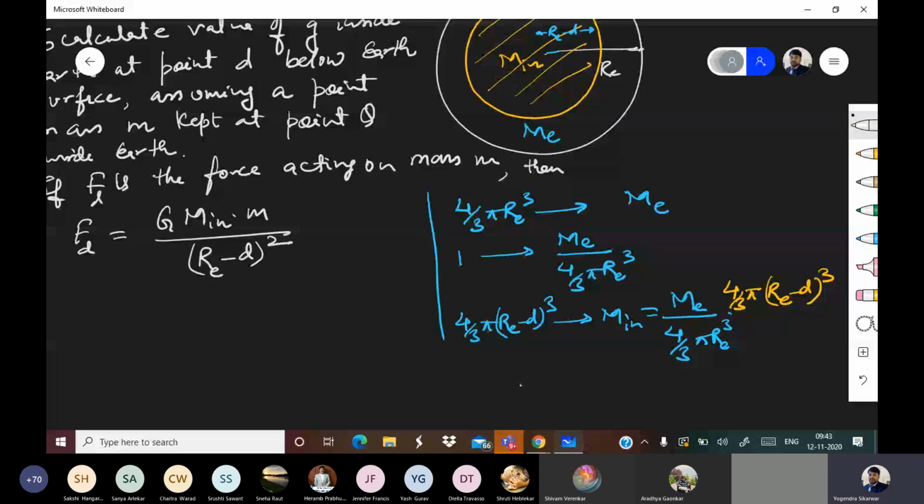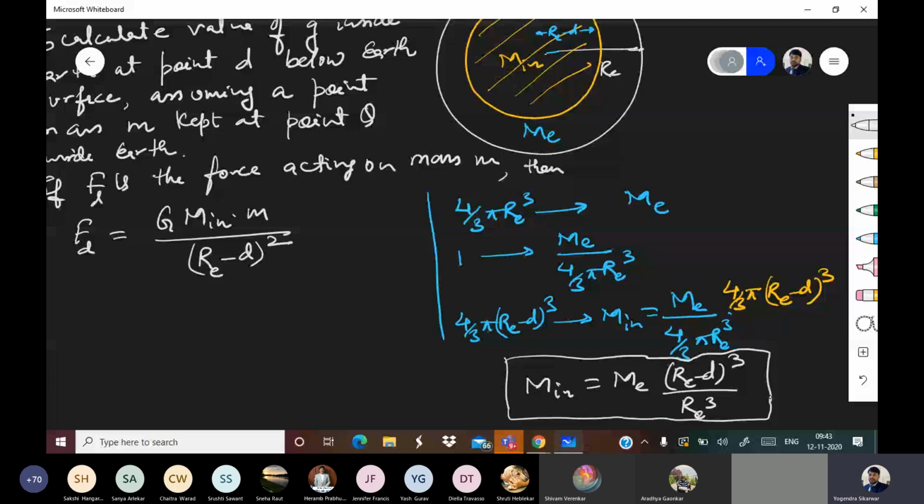So M in comes out to be, this 4 by 3 pi cancels, ME into (RE minus d) whole cube upon RE cube. So this will be the value of M in. Let me put it here.